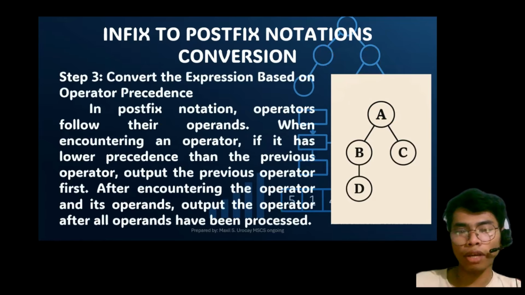The next step is converting the expression based on operator precedence. In postfix notation, operators follow their operands. When encountering an operator, if it has lower precedence than the previous operator, output the previous operator first. After encountering the operator and its operands, output the operator after all operands have been processed. So we have to work on that from left to right.